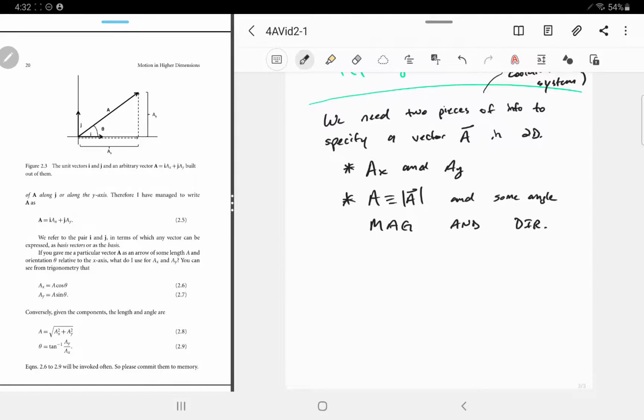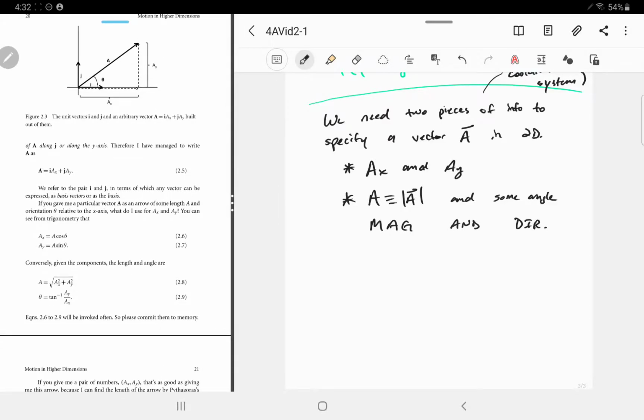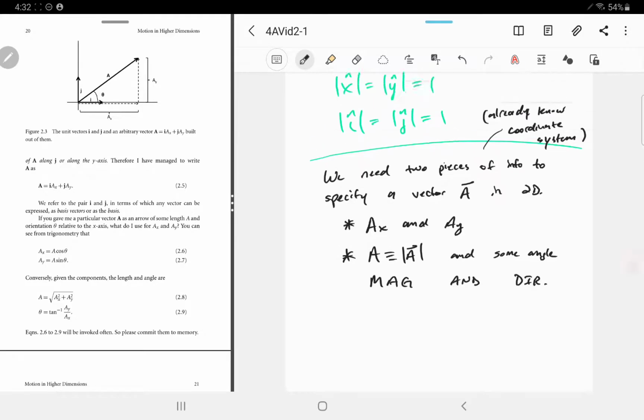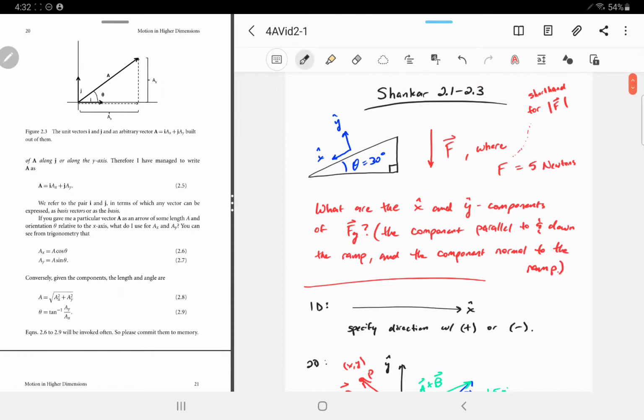So it's specific to x hat and y hat being what you're used to, and theta measured counterclockwise from the x-axis. In other problems, like in this example problem we're going to do, notice how I've chosen a different coordinate system. So we would not be able to use equations 2.6 and 2.7. I'll show how we're going to deal with this problem a little later. So I just want to warn you about 2.6 and 2.7.